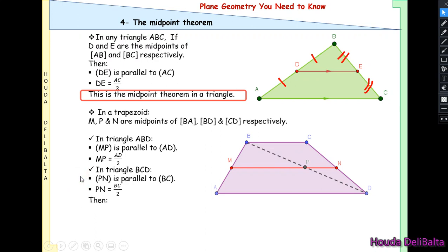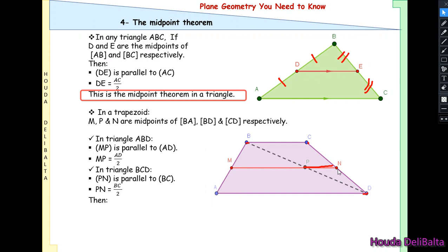Also, in triangle BCD, PN is parallel to BC and equal to half of it, applying the midpoint theorem in a triangle. Then, what about MN?